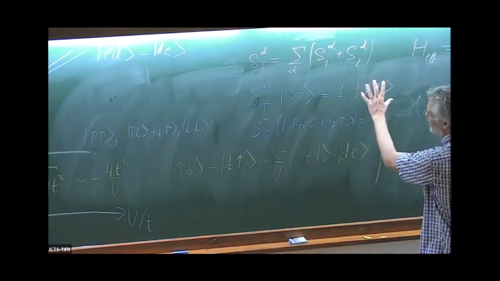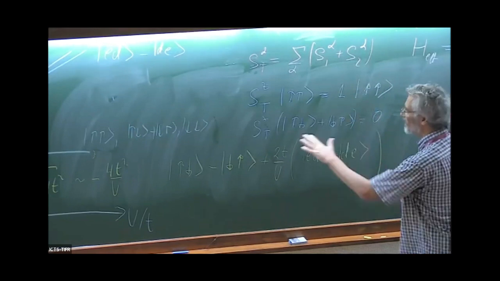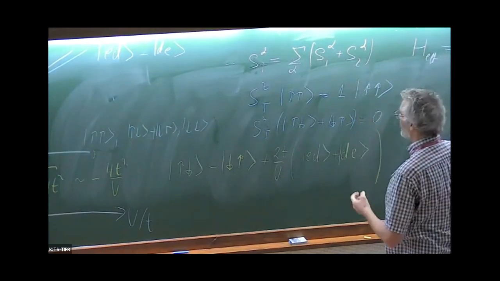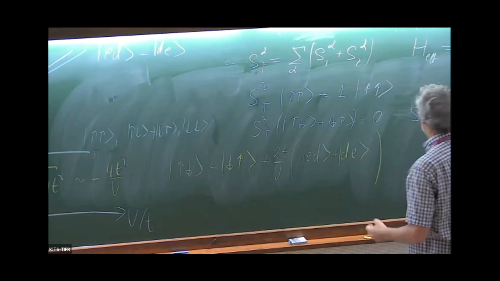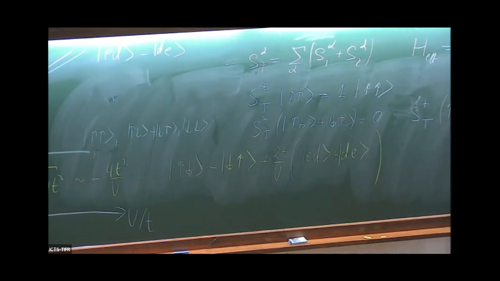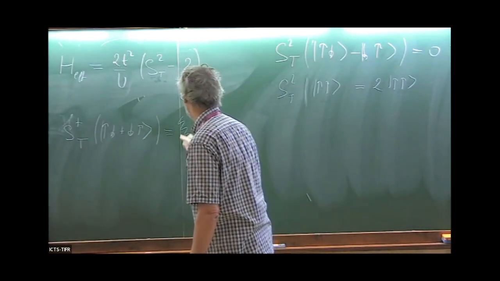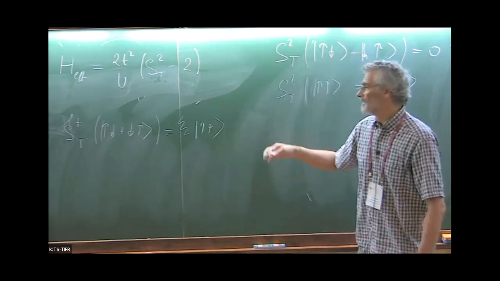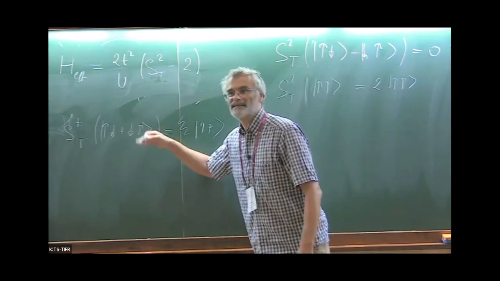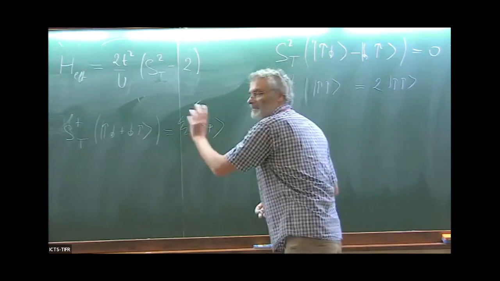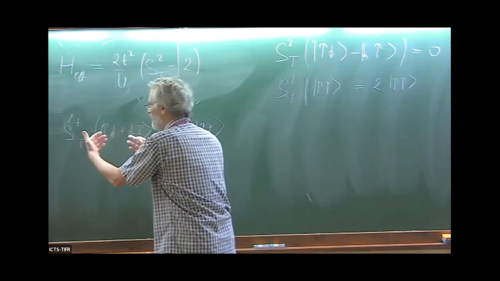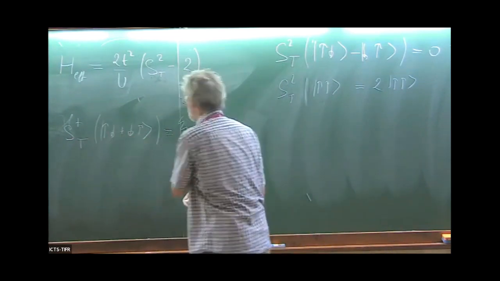We don't know yet if it is a triplet or not, but if we apply S plus total to up down plus down up, it will give us up up with a coefficient that I am not sure of. I didn't normalize the states, so I'm not sure about the coefficient here, but nevertheless, we will be able to raise this S^z 0 state into this state here.